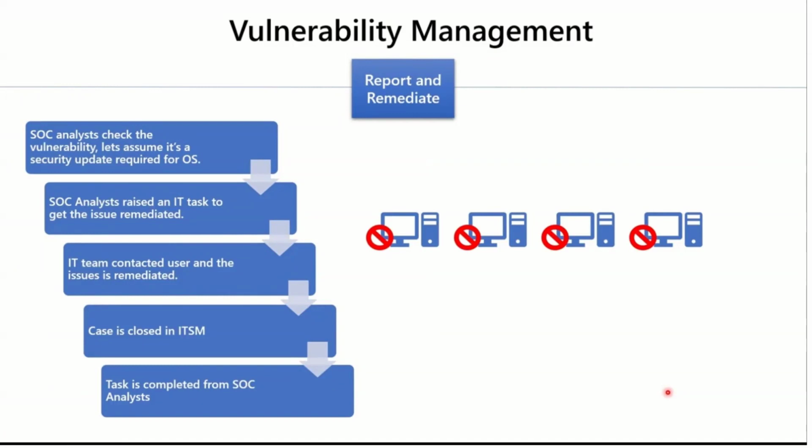We have tested the solution, and now this vulnerability is not present. So the ITSM tool will ensure that the systems are fulfilling this and the task is completed for the SOC analyst. That is how your reports are generated.